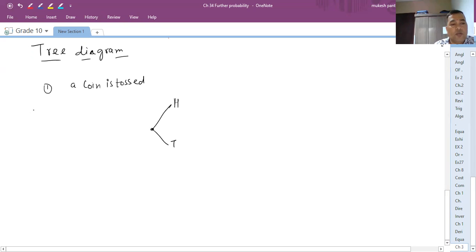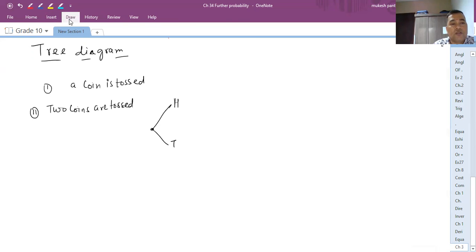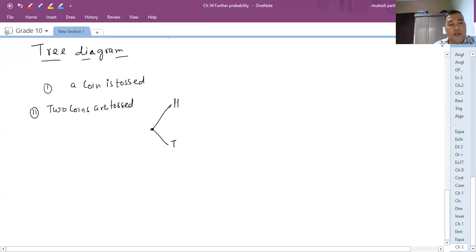Now what I'm telling you, two coins are tossed, or a coin is tossed twice. So when I'm saying two coins are tossed, it means what? If the first coin gives head, what is the possibility for the second coin?